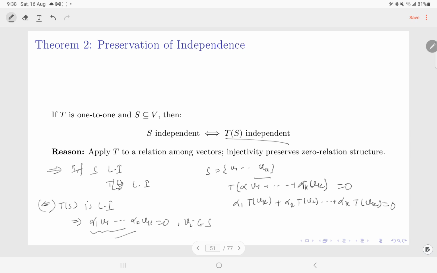And from linear independence, again, every alpha i will be 0, which implies S is linearly independent. Don't you think so? Just think over it and you will know.